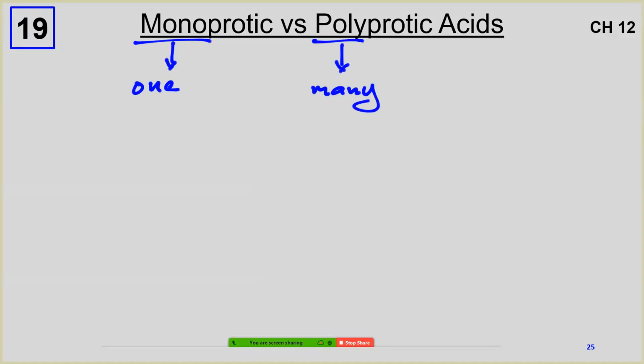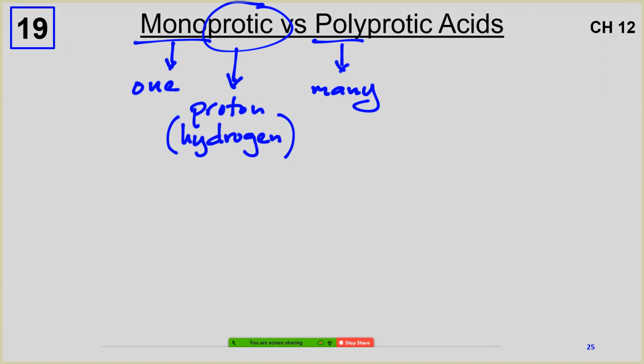And protic is the term for proton, the number of ionizable hydrogens. So this is a hydrogen. How many hydrogens are there in the chemical formula? So monoprotic means an acid containing 1 hydrogen.